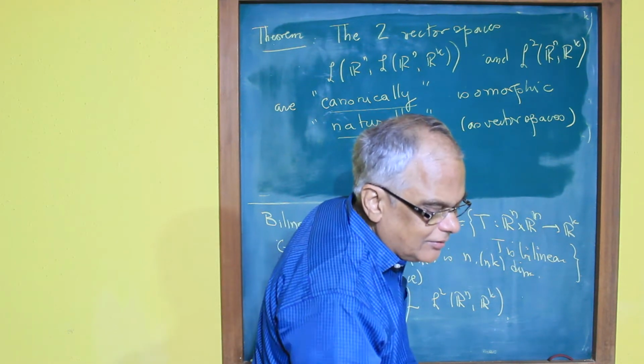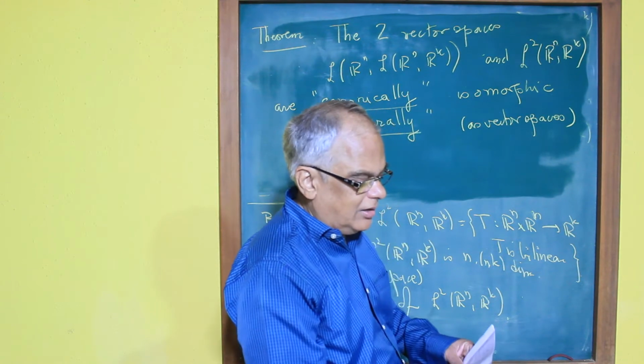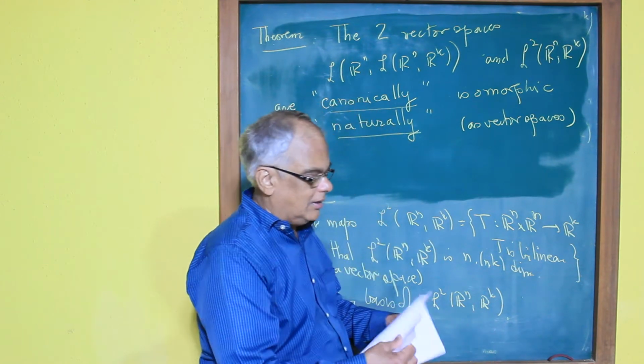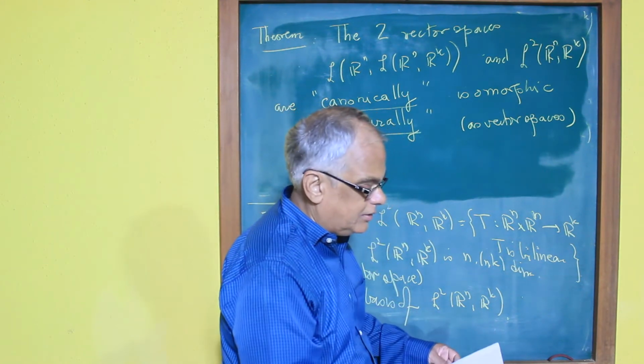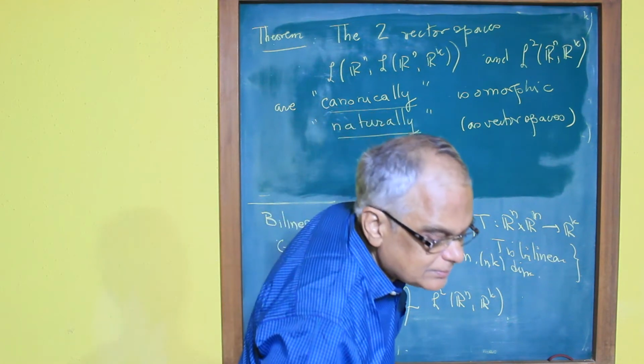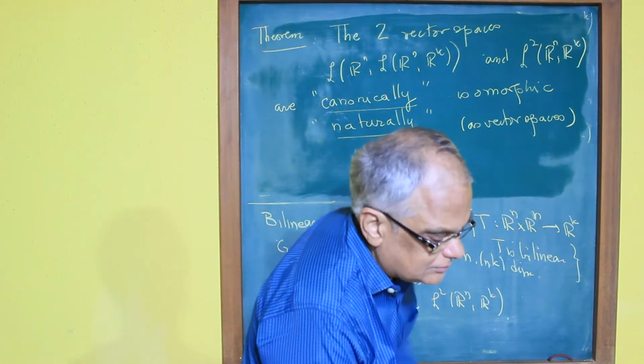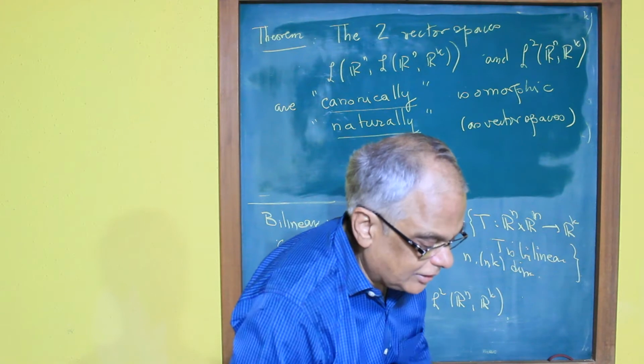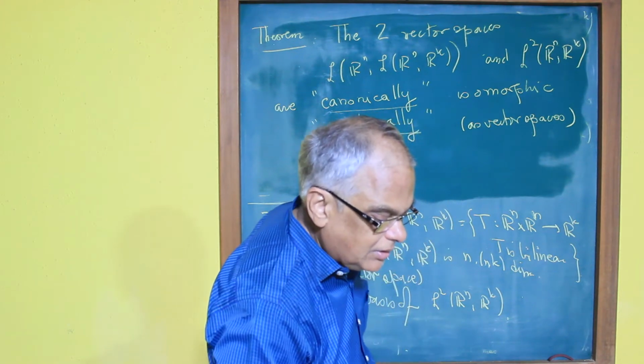So I want to define an isomorphism phi, and I just want to get the order correct. I don't want to say the order wrong. Okay?